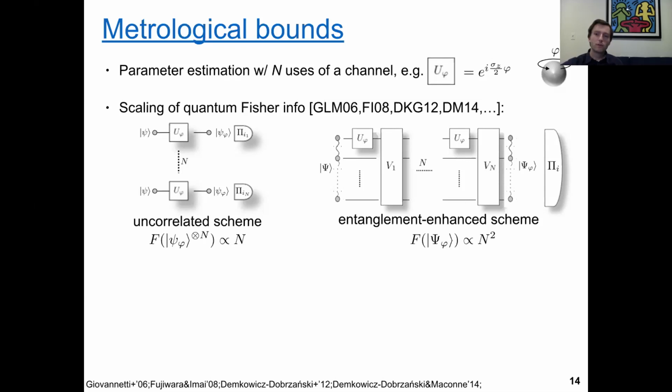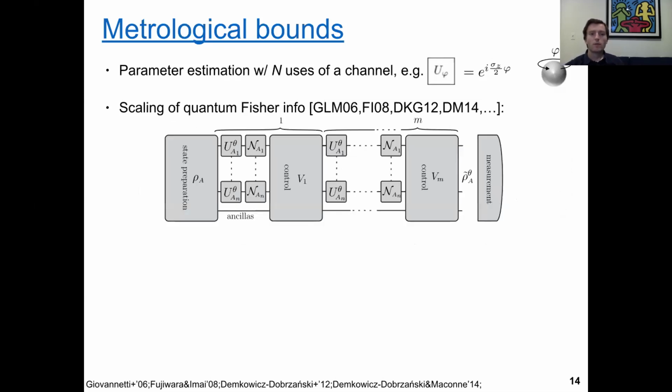Let me now depict the most general metrological protocol. It would consist of state preparation. Then we would have some parameter encoding channels, U theta, acting on subsystems A1 through An. Then there could be some noise affecting each subsystem.